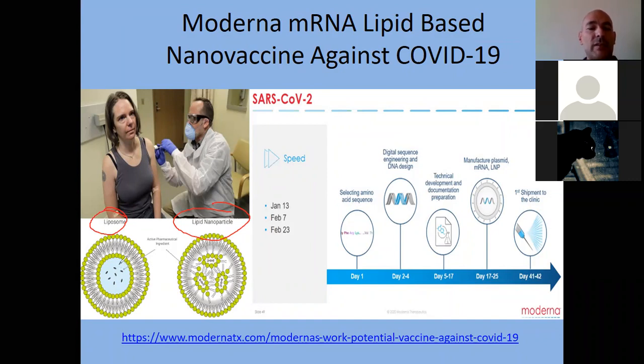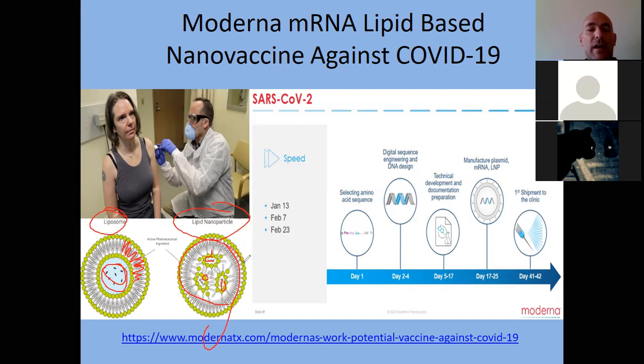Typically, liposomes have a compartment here, and then you have bilayers of lipids very well organized. In the case of lipid nanoparticles, you typically only have one layer of lipid. Oops, sorry. You have one layer of lipids, and then you have some small lipids inside that can create smaller compartments.